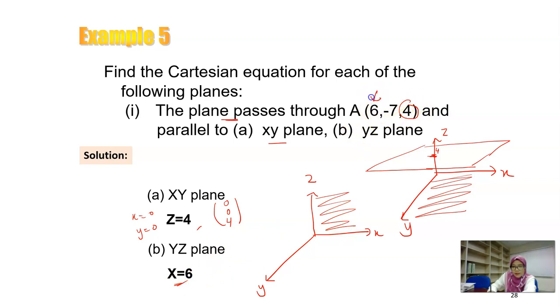Your X is 6, so it's somewhere here, 6. So our graph should be somewhere vertical.